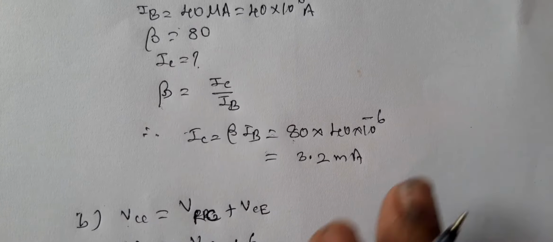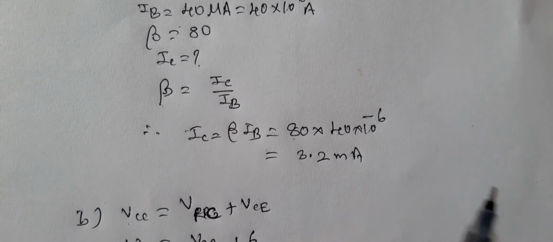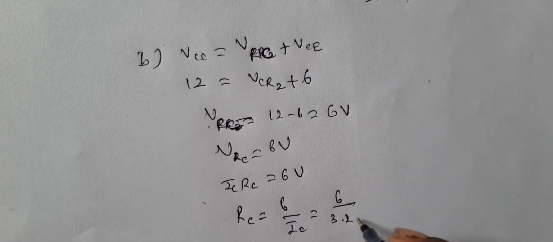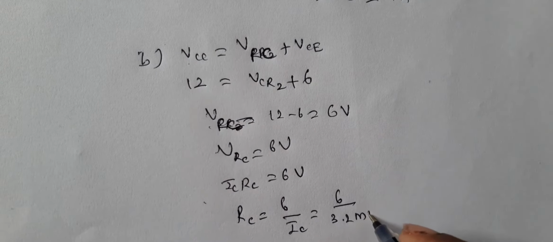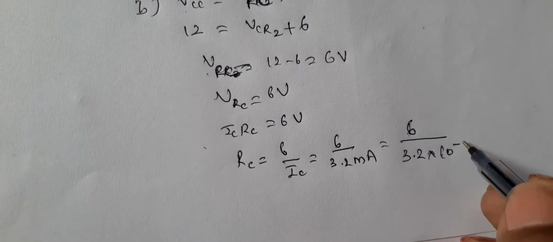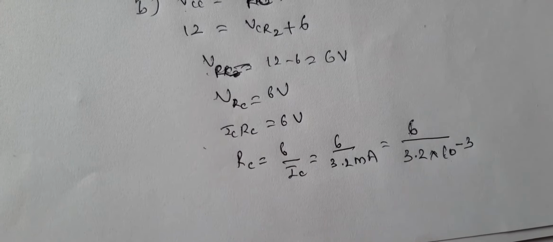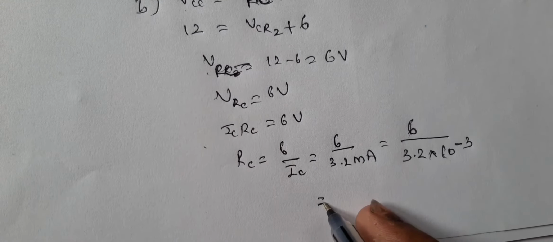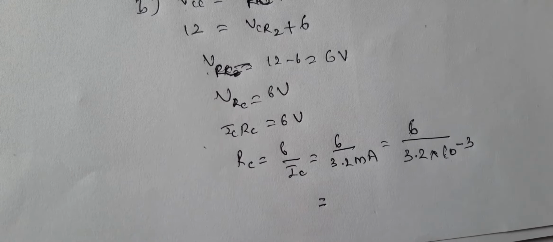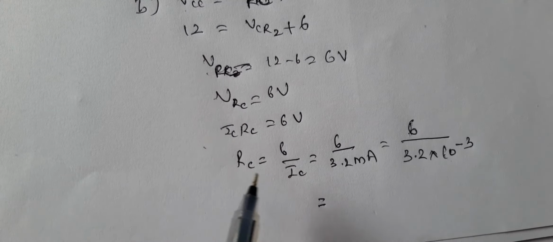IC was calculated as 3.2 milliampere. Therefore, 6 volts divided by 3.2 into 10 power minus 3, because milli is 10 power minus 3. When it goes up, it becomes 10 power plus 3, and the unit of resistance is ohm.